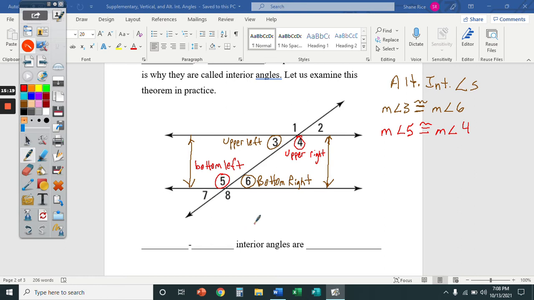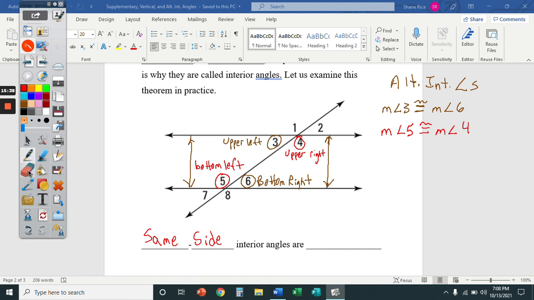Now, there is something called same side interior angles. So again, interior meaning inside, same side meaning on the same side of the transversal.